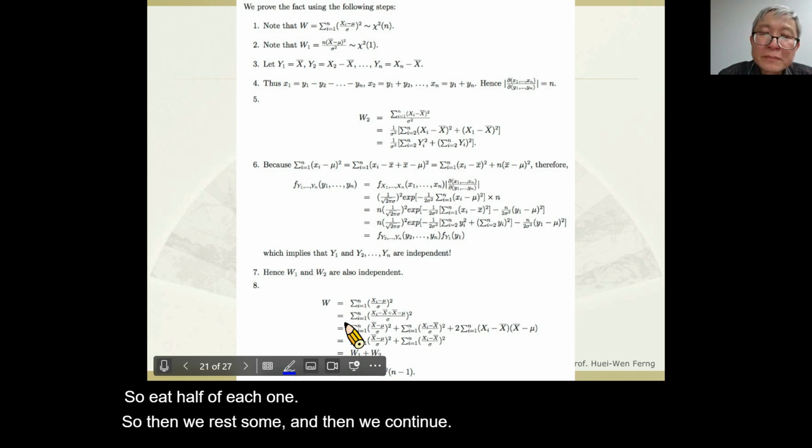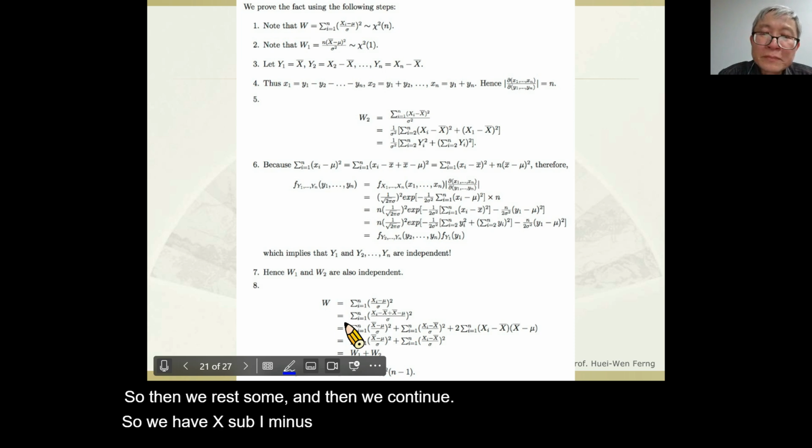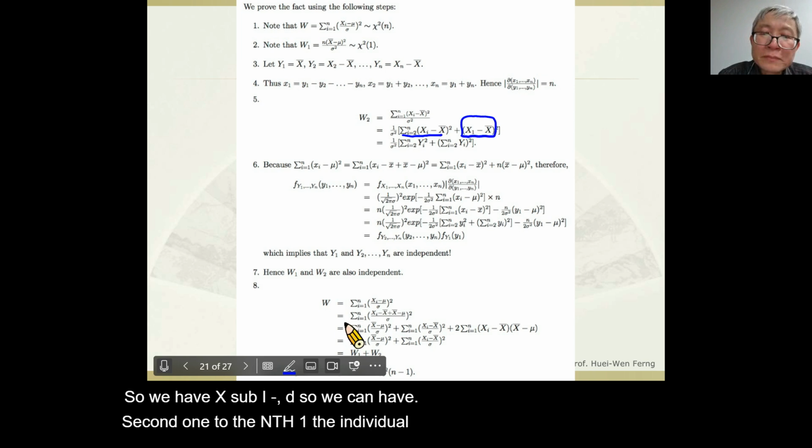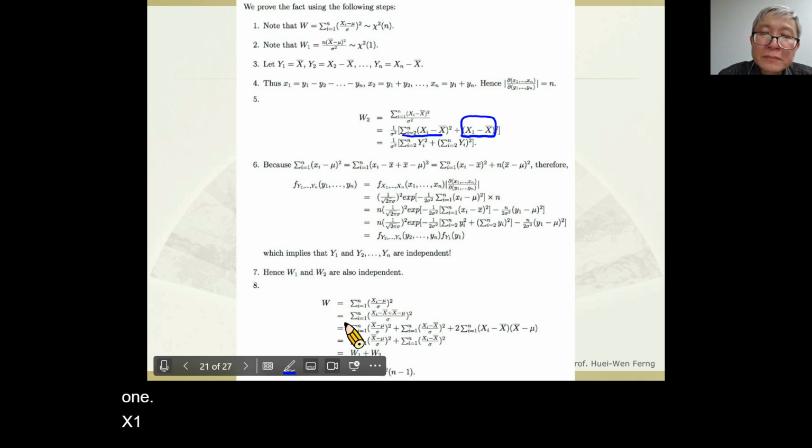So we have x sub i minus this, the second one to the nth one, the individual one, and for the first one, x1 minus x bar.